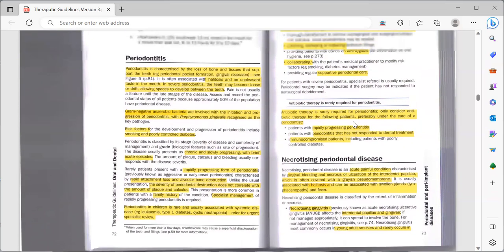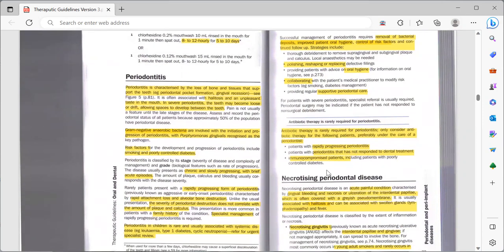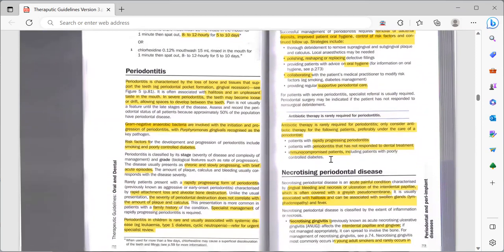So if the patient has the risk factor of poorly controlled diabetes, you did all these 5 things, but still the patient is not responding, then you need to refer the patient to the specialist, and he may prescribe the antibiotic, because poorly controlled diabetes can impair his immunity level.